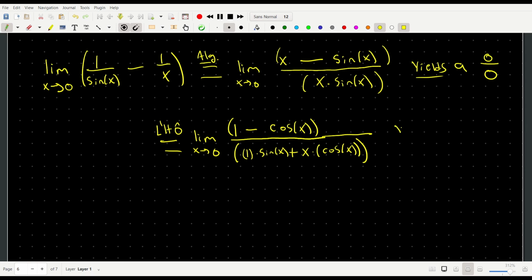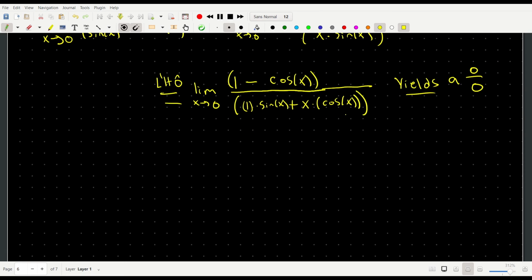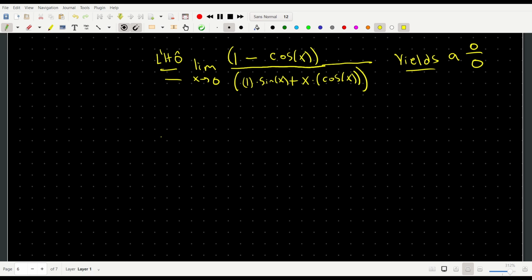So unfortunately, this appears to be one of those problems in which multiple applications of L'Hopital's rule will be required. We're going to have to apply L'Hopital's rule again, a second application to this expression right here.